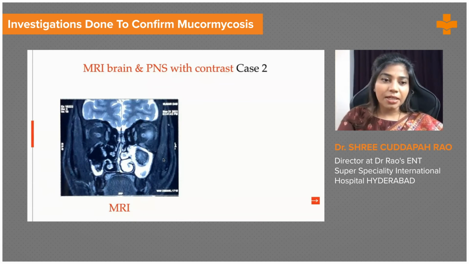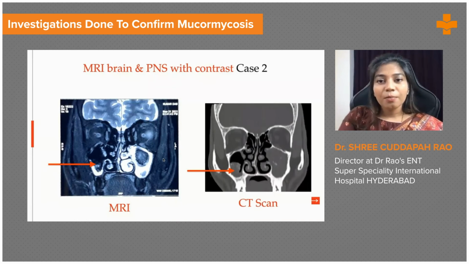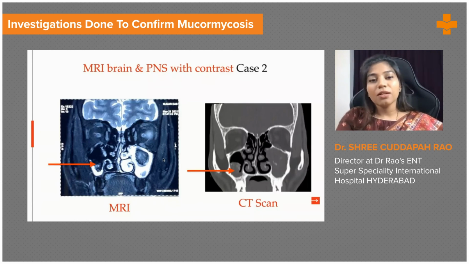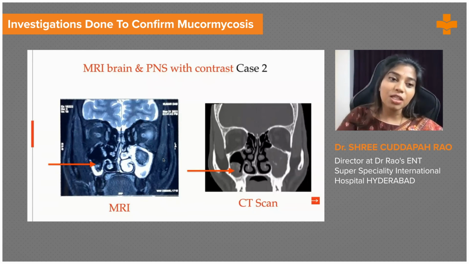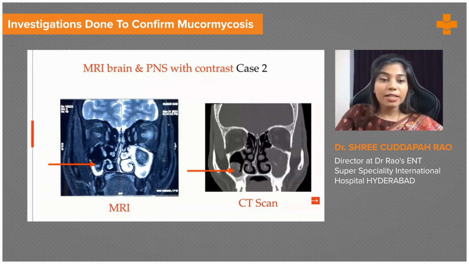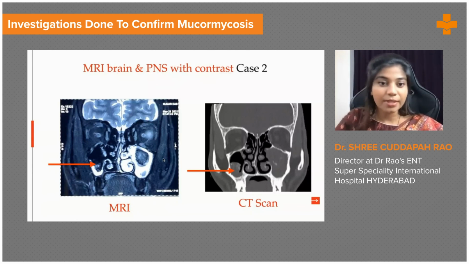You can see that there are hypointense areas on the other side, maxillary sinus in an MRI. So they are clear-cut fungal elements. This is the CT scan picture of the same patient where you could just see some opacification. That's why we surgeons prefer getting a contrast enhanced MRI. But of course, we need a CT scan because the bony delineation is much better with the CT scan.